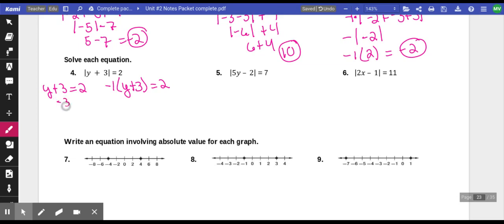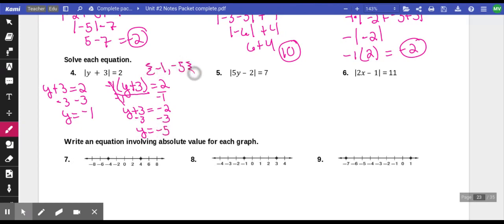So I subtract 3 from both sides here, and I get y equals -1. Here, what I'm going to do this time is divide both sides by -1, because that's -1 times that, which gives me y plus 3 equals -2. Then I subtract 3, and y equals -5. So the answer is the solution set -1, -5.